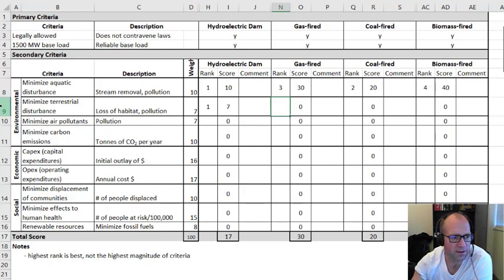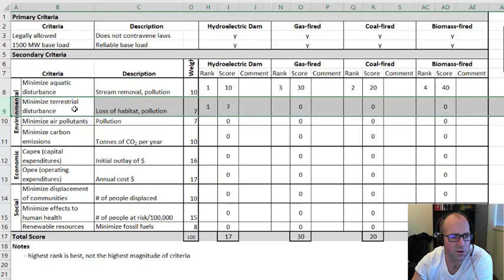And remember, we're looking at one criteria at a time. We're not going to say, well, I actually like aquatic habitat, so that disturbance isn't all that bad. We're just going to say, what is the disturbance to terrestrial habitat, regardless of what the offsets might be. Okay, so gas-fired, coal-fired, and biomass-fired, these all have terrestrial disturbance.